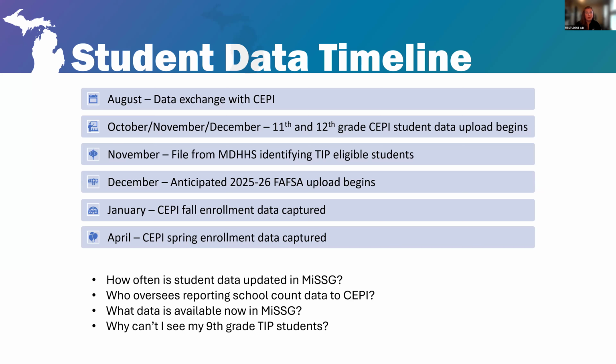I think it would be helpful for you all to know that. And I know it'd be helpful to know CEPI UICs for your students, because that's a piece of information you will need as you do student lookups in the MiSSG system. I'm not going to talk about lookups today.